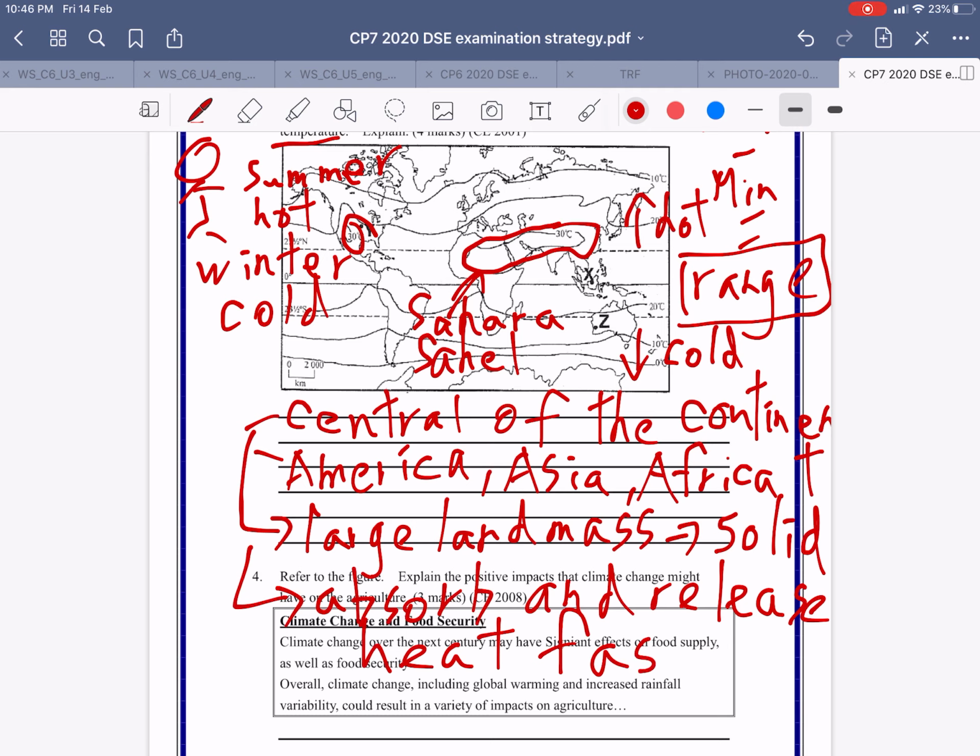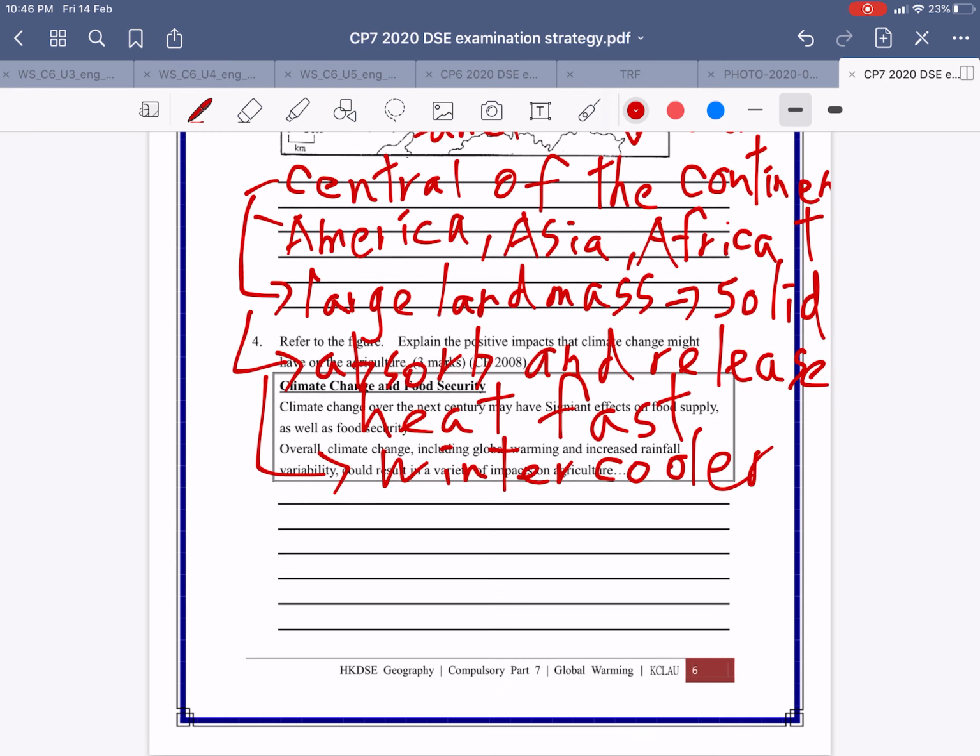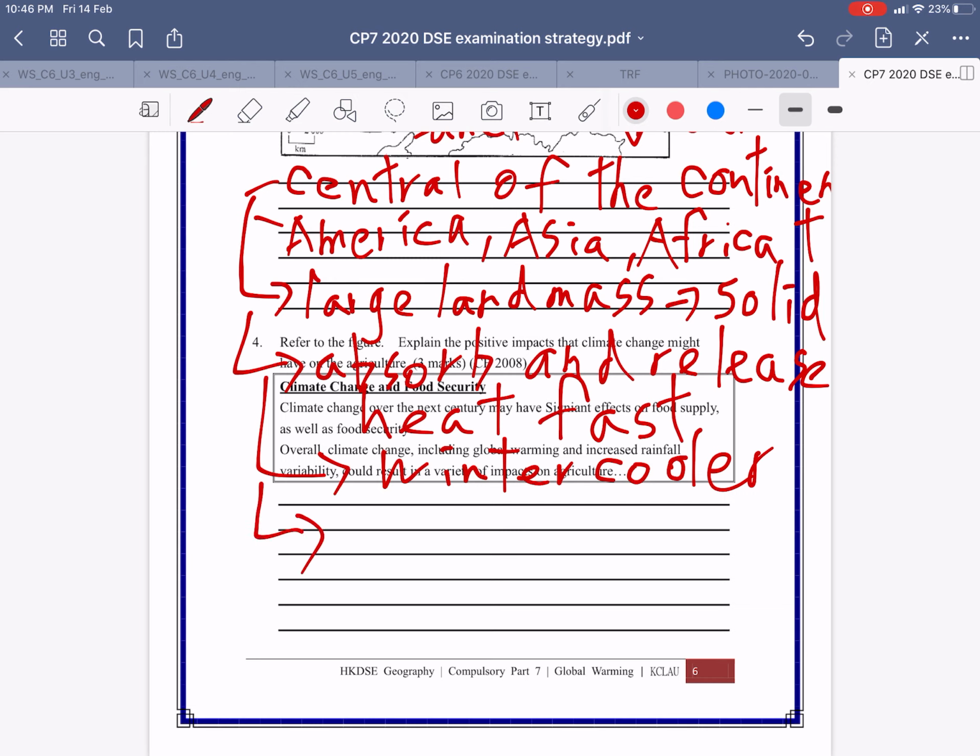So accordingly, in the winter, it's even cooler for the continental climate. We will call it the continental climate, I will write it down later. In the summer, it's hotter. So after all, we will call this a continental climate.